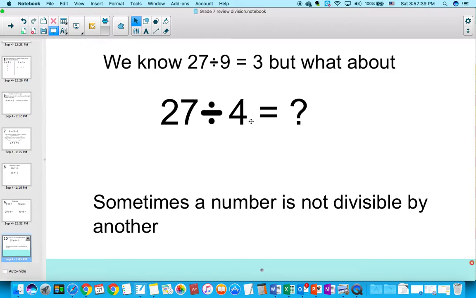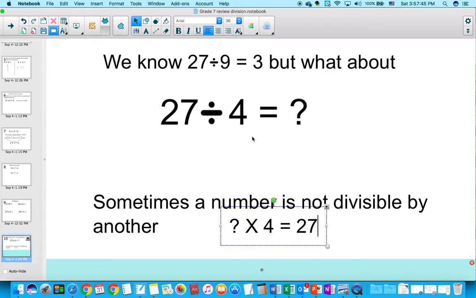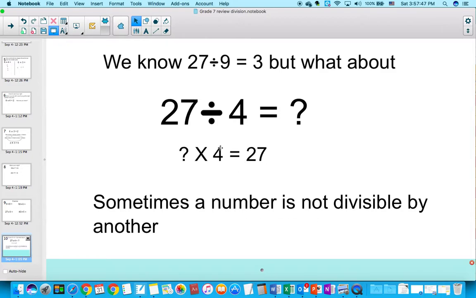Well, we can do the check. Question mark times 4 equals 27, because I'm moving things over. So something times 4 should equal 27. And if we can find that out, then we know what the question mark is over here. So 1 times 4, 4, too small. 2 times 4, 8, too small. 3 times 4, 12. 4 times 4, no. 5 times 4, 6 times 4, 7 times 4, and too far.